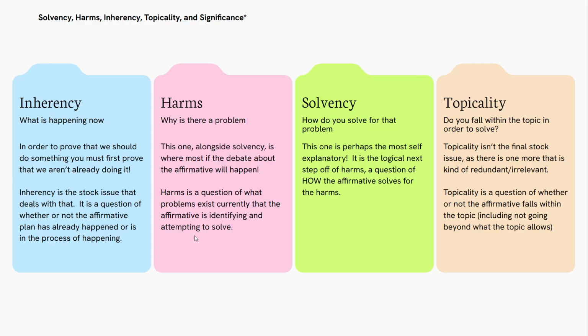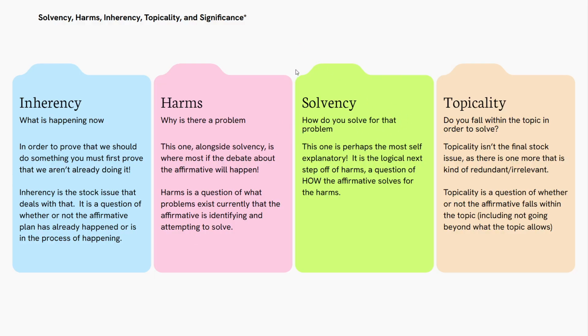So the affirmative, if they were passing a national health insurance policy, might identify a harm to be people's unequal access to healthcare, or perhaps that there is a risk of disease through people not being insured and getting access to healthcare.